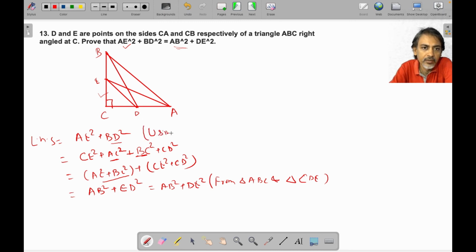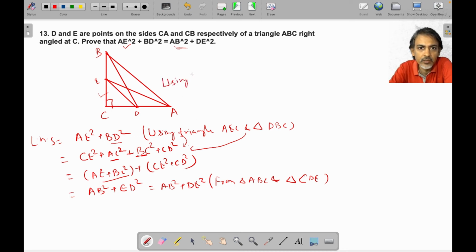You can write here using triangle AEC and triangle DBC. So here basically you can write this, and in all of them, using Pythagoras theorem is what we are using.